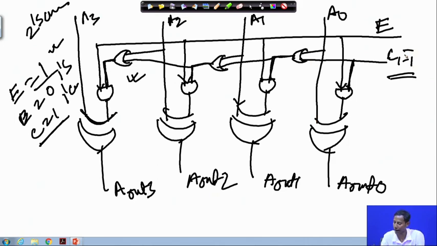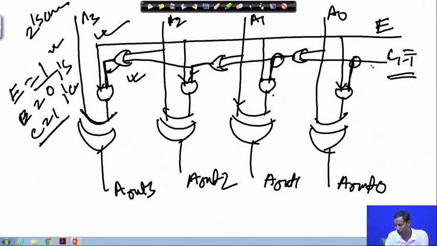So, whenever I am adding this, E is 1. Then the AND gate output will depend on what? This particular input. So, the output of the AND gate will be this one. Okay.